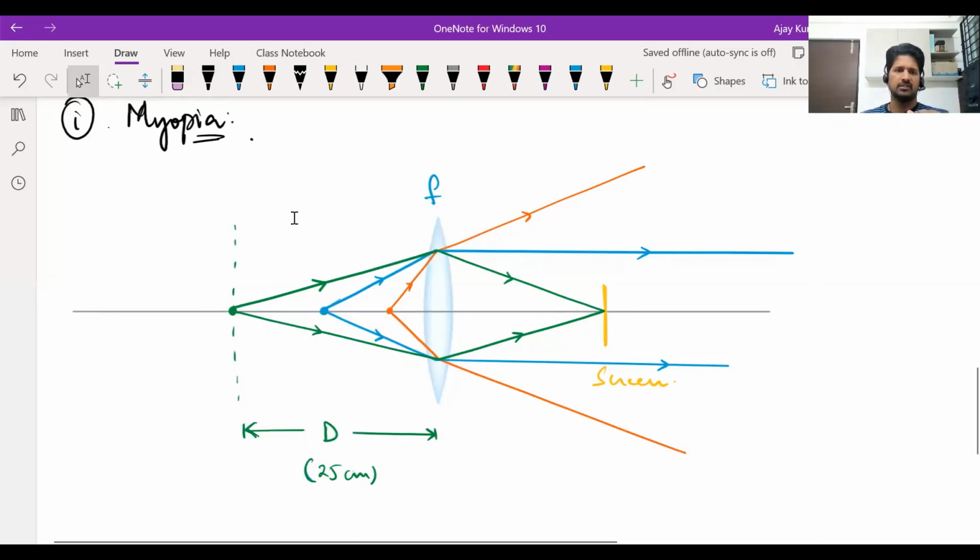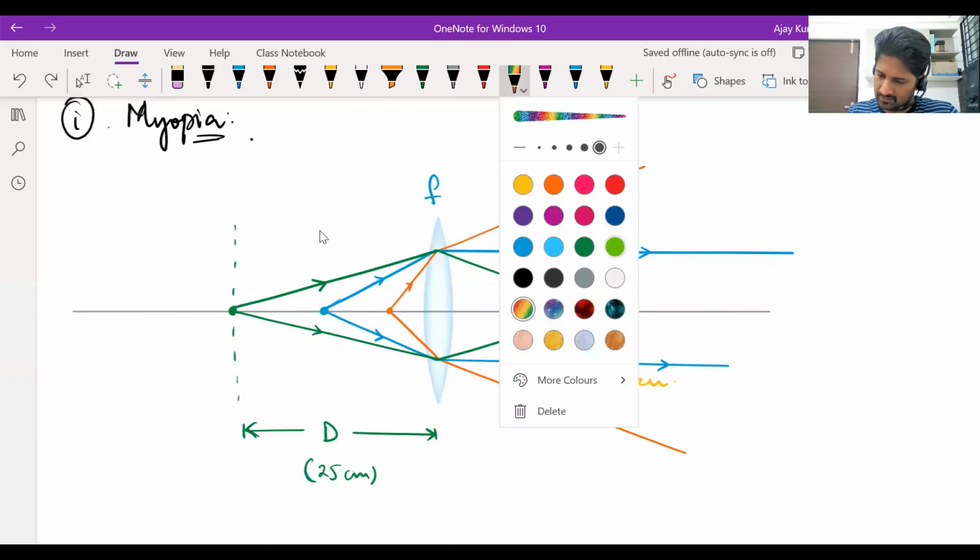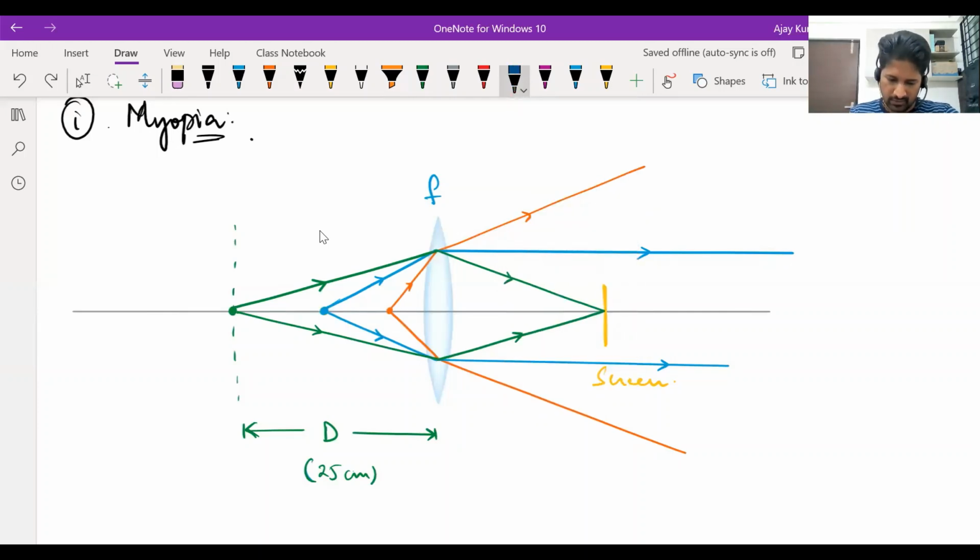Suppose the object goes further away from the eye. If it maintains the same focal length, then image won't form on the retina. For example, consider this object. If the eye does not change its focal length, then what will happen?